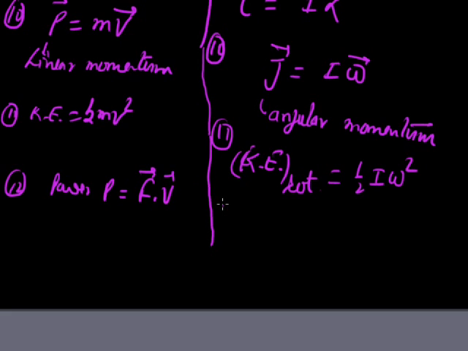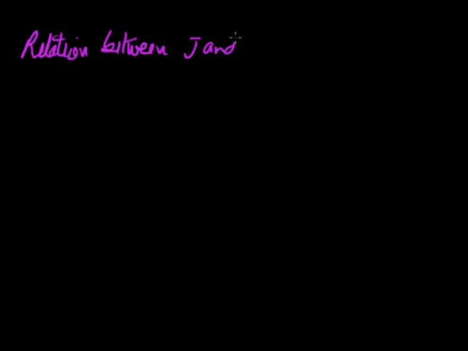We can also write here rotational power, that will be tau dot omega. These are the comparisons of linear motion and angular motion. Relation between J and omega.